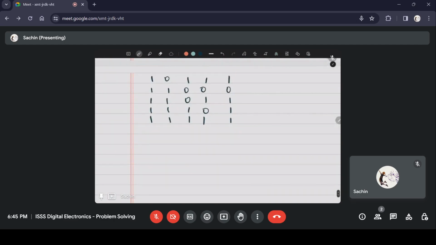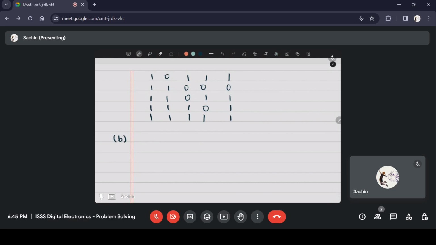Part B was to draw a logic diagram for the original function. So I'll write down the original function again.